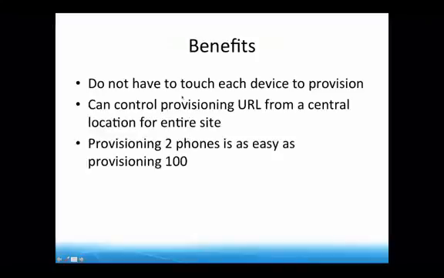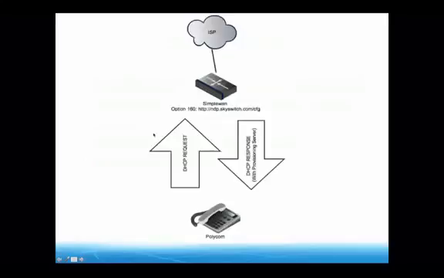Here is a basic image of how it works. When the phone restarts, it does a broadcast and it finds the DHCP server. In this request, the SimpleWan will then respond with a DHCP offer.